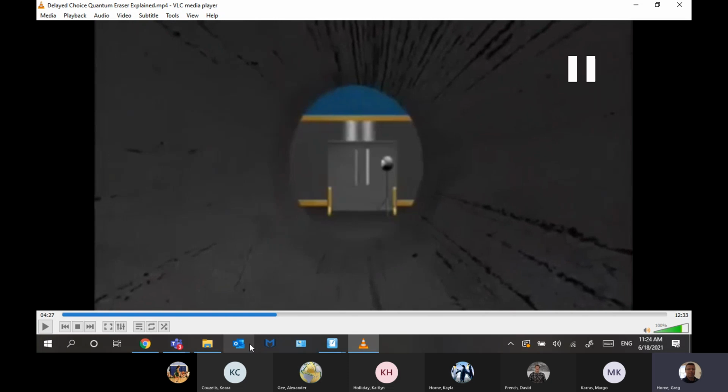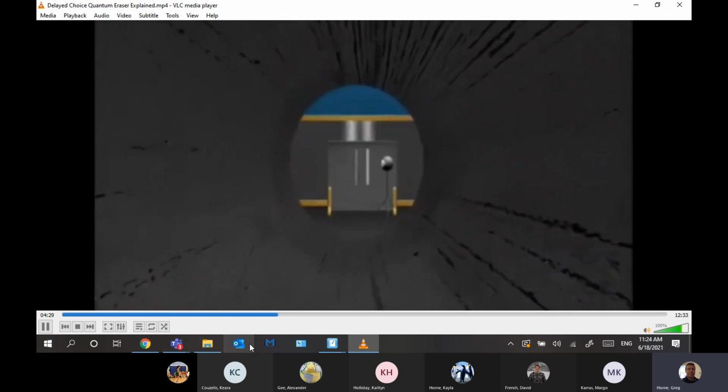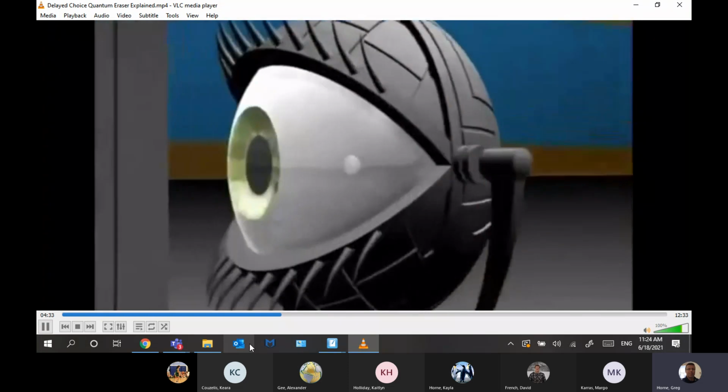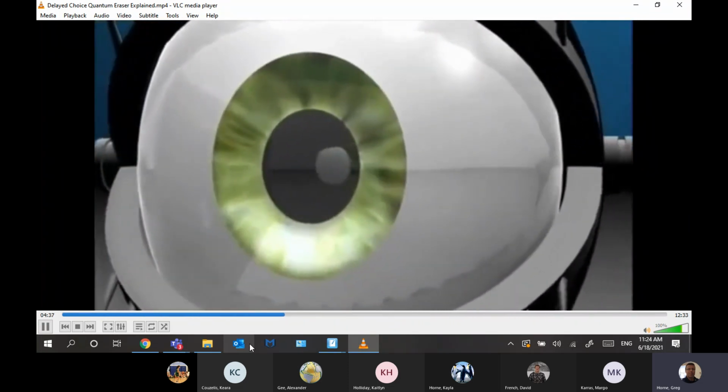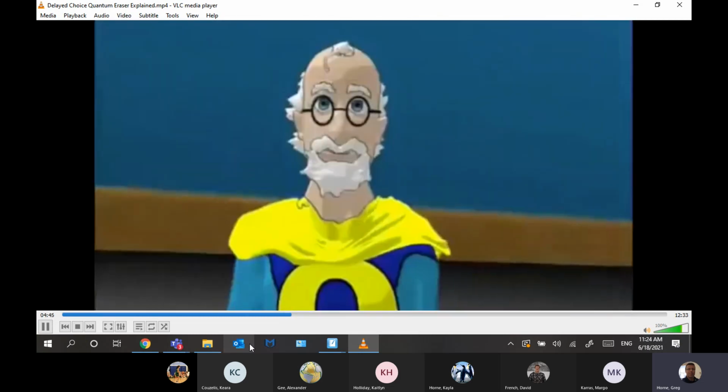The electron decided to act differently, as though it was aware it was being watched. And it was here that physicists stepped forever into the strange world of quantum events.